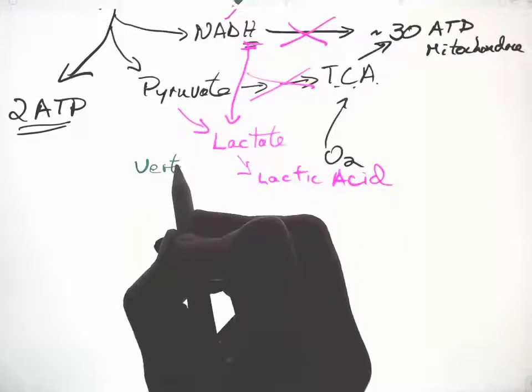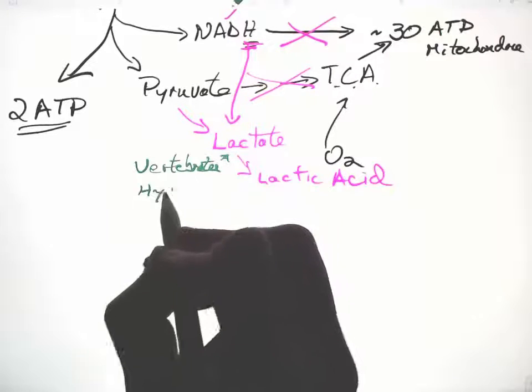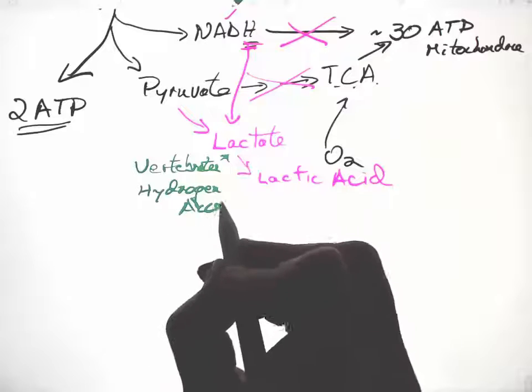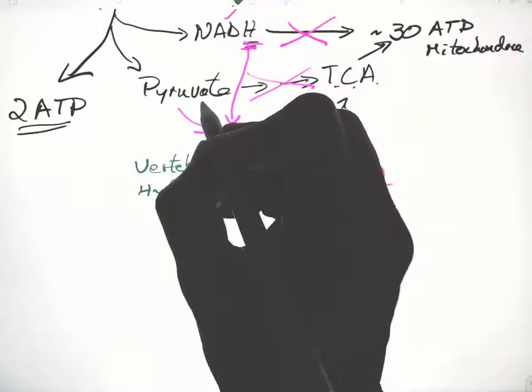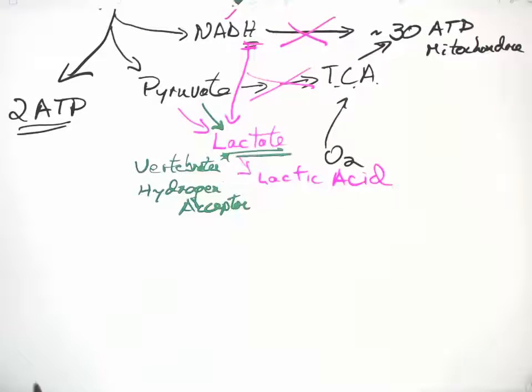That NAD+ is absolutely required in glycolysis to generate these 2 ATPs. In vertebrates, the hydrogen acceptor is pyruvate, putting that hydrogen on lactate.